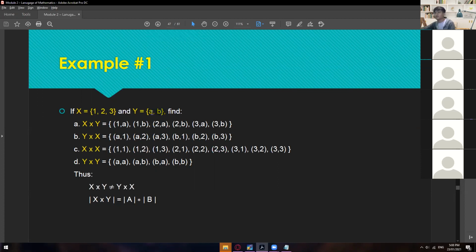As you can see right here, we have 2 and then 3. So 2 times 3 is 6. So this count is 1, 2, 3, 4, 5, 6. Yeah, that's how you identify the possible combinations or elements of those two sets.